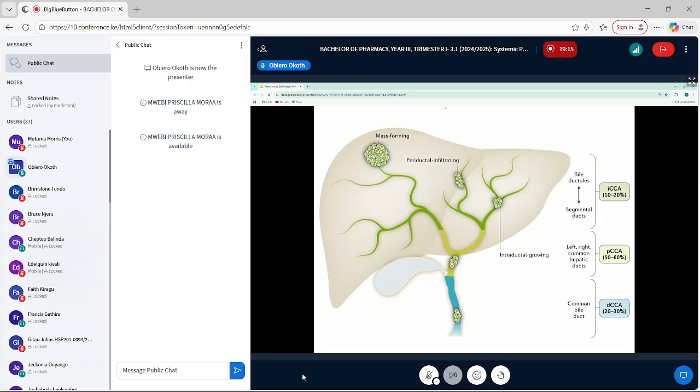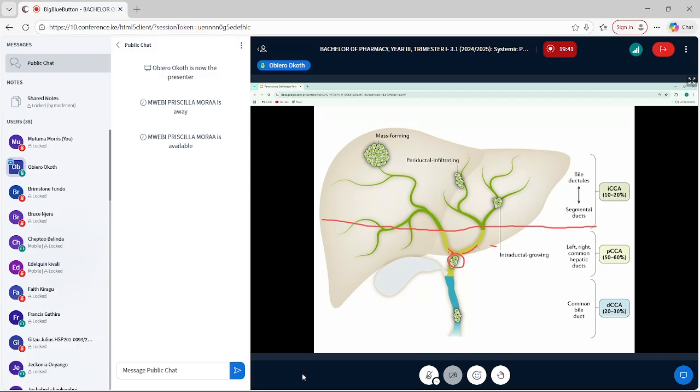Okay? We are saying you can have an intrahepatic cholangiocarcinoma, meaning it's inside the liver, or you can have a perihilar, around the hilar. The Klatskin will be here when you have this bifurcation of right and left hepatic duct.